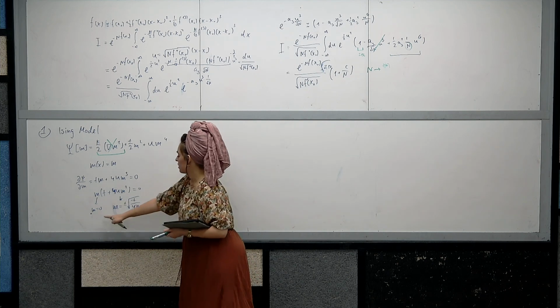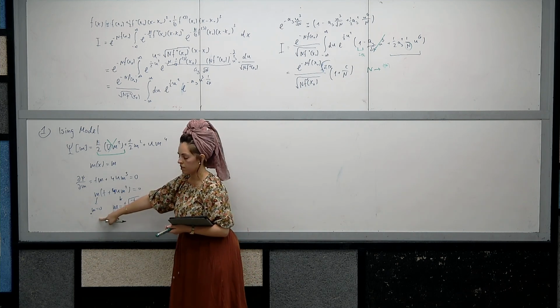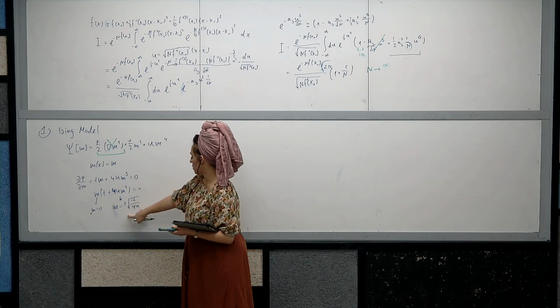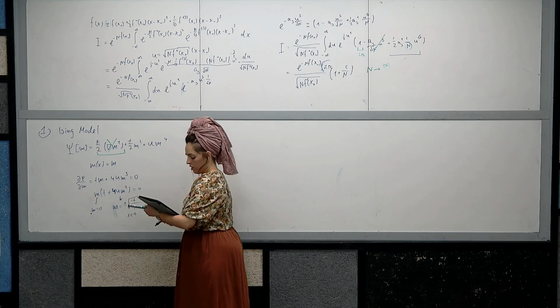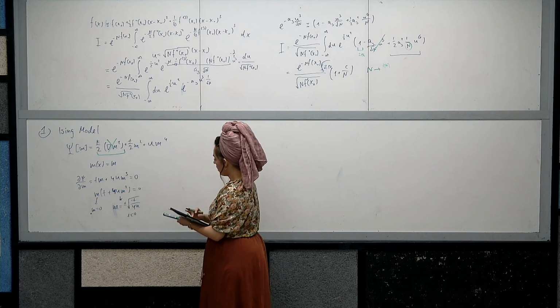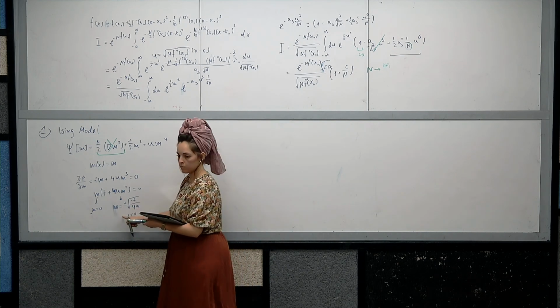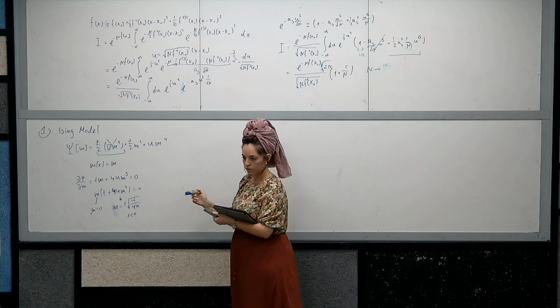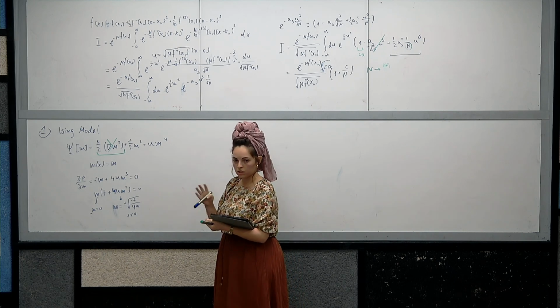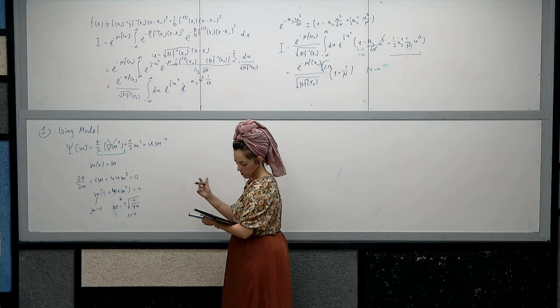So this solution exists always, and this one only when t is smaller than 0. Okay, and so now we have 3 extrema, and we want to check the stability. This way we find which is the minimum and which is the maximum.